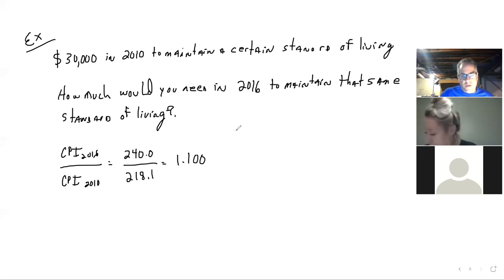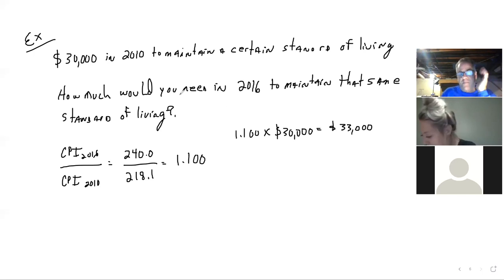So I could now go 1.1 times 30,000. That's going to give me 33,000. So how much would I need in 2016 to maintain that same standard of living that I needed back in 2010? I would need 33,000.